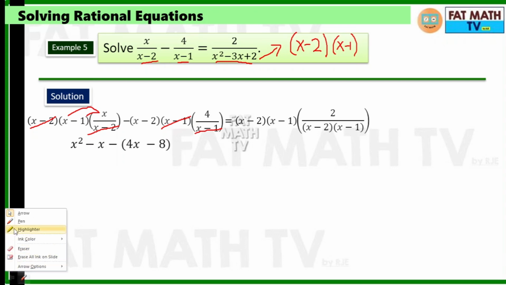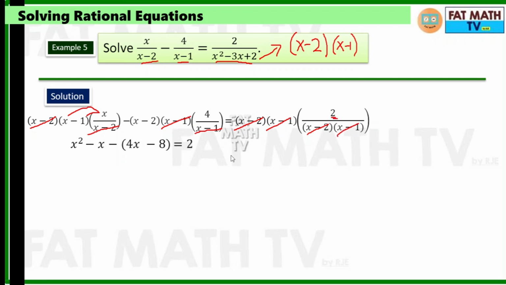How about on the right side? We can cancel x minus 2 and x minus 2, x minus 1 and x minus 1. And we will be left with 2. And then simplifying this, remove the parenthesis by changing each of the signs of the terms inside the parenthesis, since the operation here is minus.